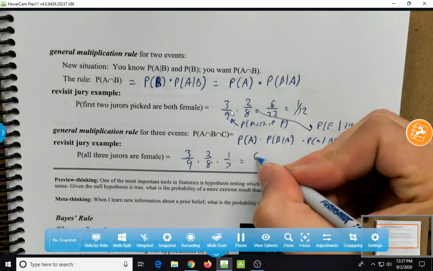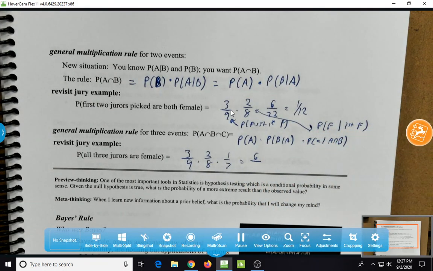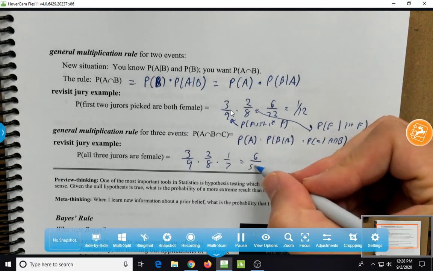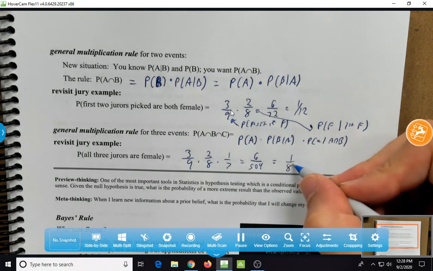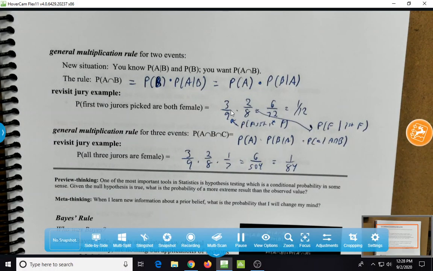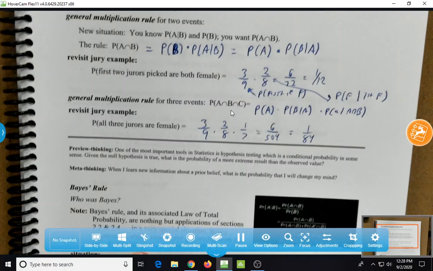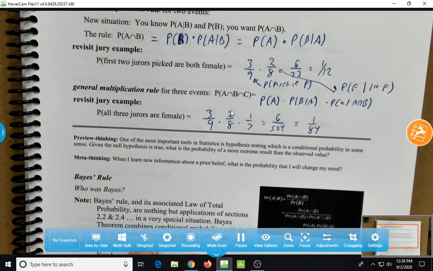And so I get 6 out of 504, I think it is, and 1 out of 84, I believe. Does that say probability of C given A intersect B? Yeah, that's right.